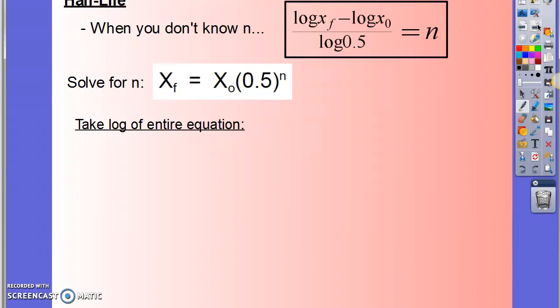Now, for any of these values, all you have to do is write it all out with your correct numbers, and you just push the log button on your calculator and then type in the number and then subtract log button, next number. Then divide that whole thing by log button 0.5. It's very simple. It looks intimidating, but it's not hard, because if you can push a button, you'll be fine.